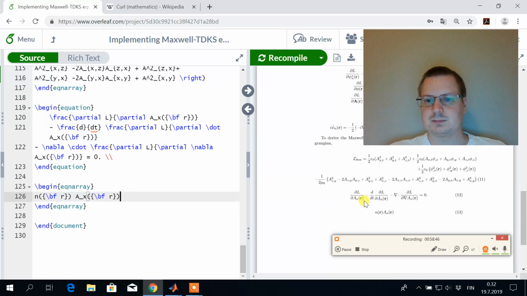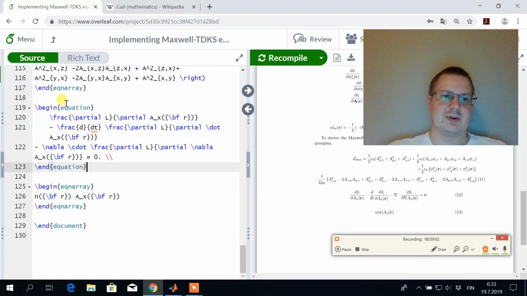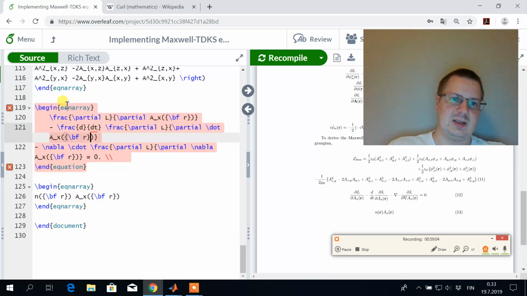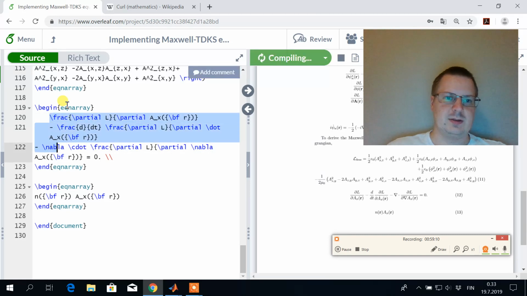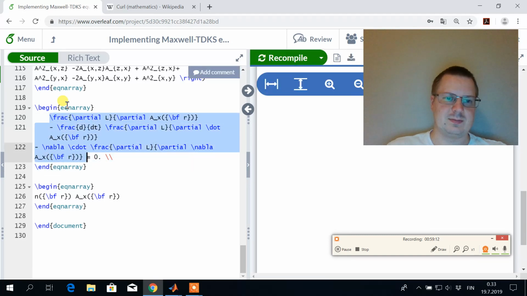Then time derivatives. So maybe we can write this even simpler, using the comma notation.